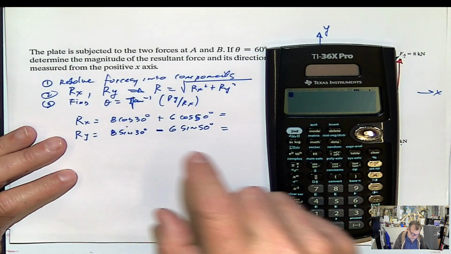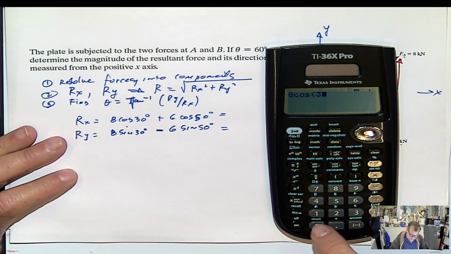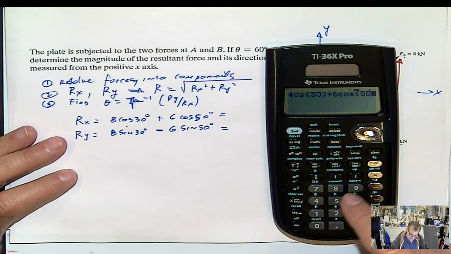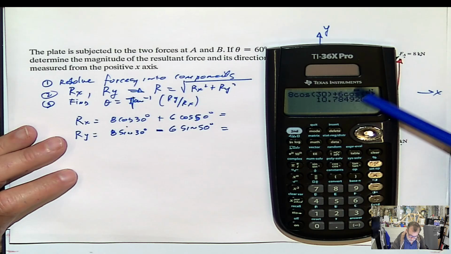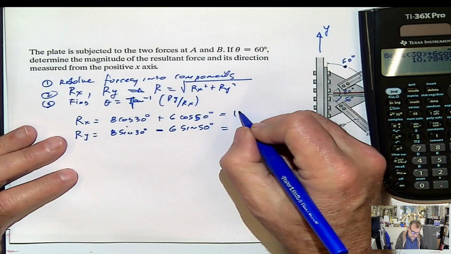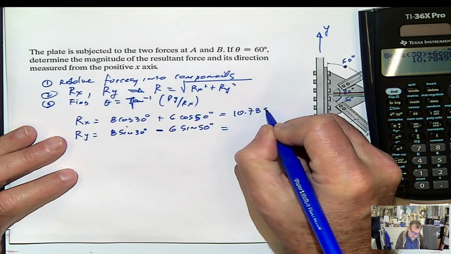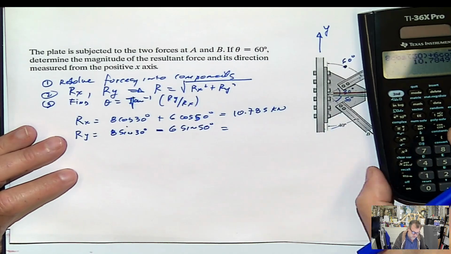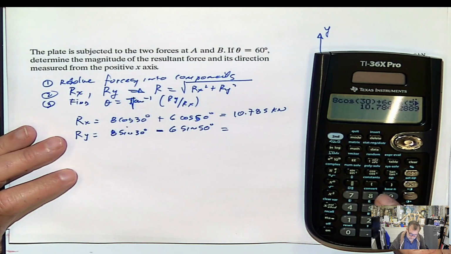Okay. 8 cosine 30 plus 6 cosine 50. That's 10.785 kilonewtons. 8 sine 30 minus 6 sine 50.